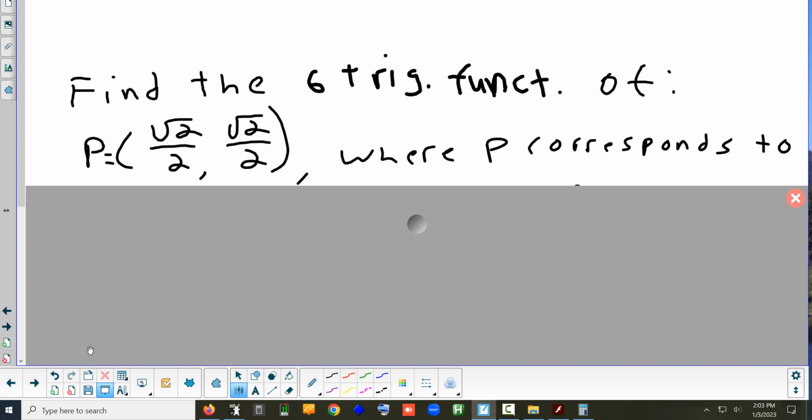They're the same. So, does anybody know what angle that would represent if you were on the circle and you went right and you went up the same amount? Yeah? 45. It is. That's the coordinate for a 45-degree angle. You do not have to know that today. But root 2 over 2, root 2 over 2 is a 45.